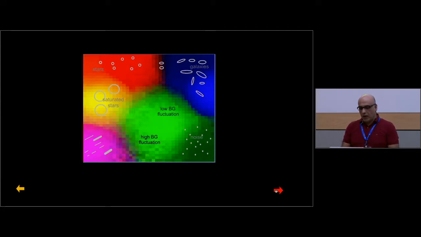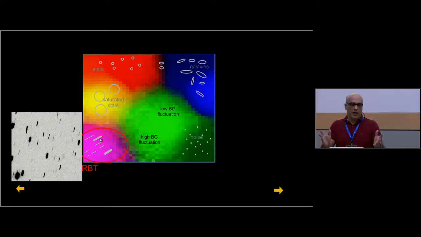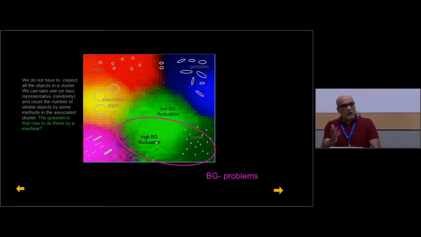For one image like this, we say, okay, we have stars, we have good galaxies, low background fluctuation, low noise, so it is good. If we come to this, we have only one component, weird objects. So we don't have to inspect all of these objects. One or two of them is enough, and we can have some statistical information of the image. And this is another example. This is bad. This is our experience.